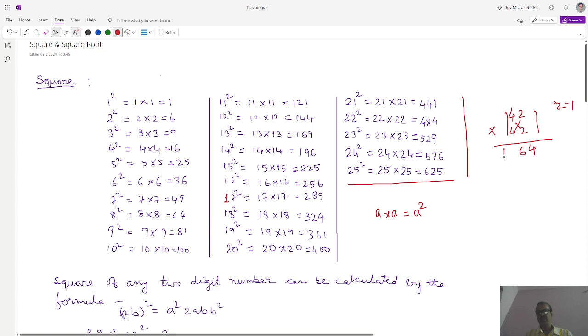So the multiplication of 42 into 42 equals 1764.